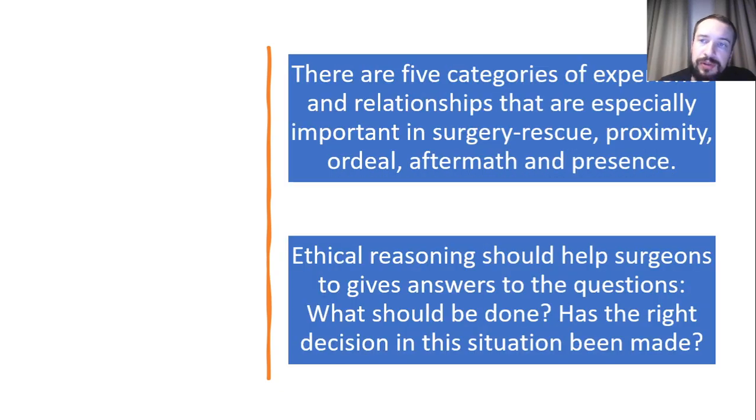There are five categories of experience and relationships that are especially important in surgery: risk, proximity, ordeal, aftermath, and presence. Ethical reasoning should help surgeons to give answers to the questions: what should be done? Has the right decision in the situation been made?